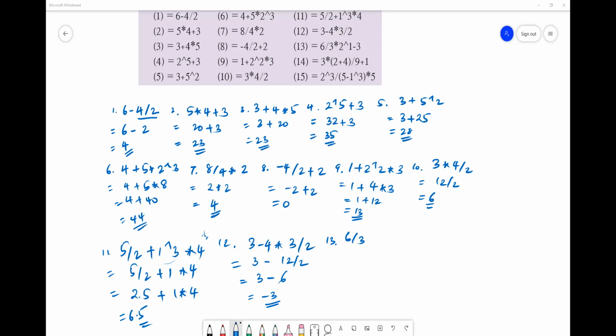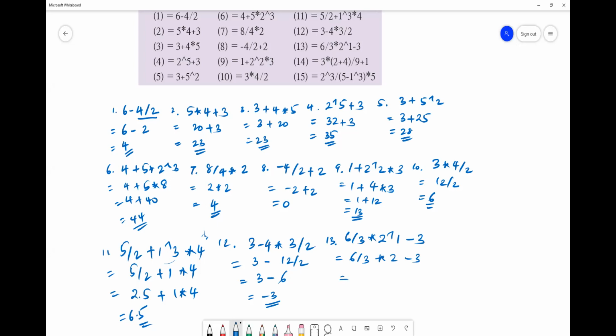Yes, sir. Okay. So 13th, 6 divided by 3 into 2 to the power 1 minus 3. In this one, 6 divided by 3, we have to work on the exponentiation first. So 2 to the power 1, that is 2, minus 3.